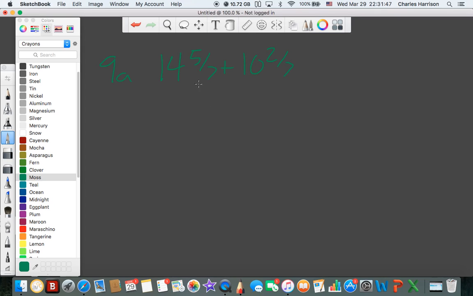All right. So since they have the common denominator, the 7 to 7, this is pretty easy. We do the integers first. 14 plus 10, that's 24. And then 5 plus 2, which is 7, and then over 7. We can write it like this, even though normally we don't have to. In this case, it might be good to. So that turns into 24 plus 1, which is just 25.